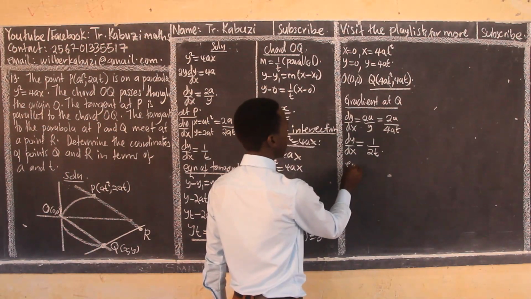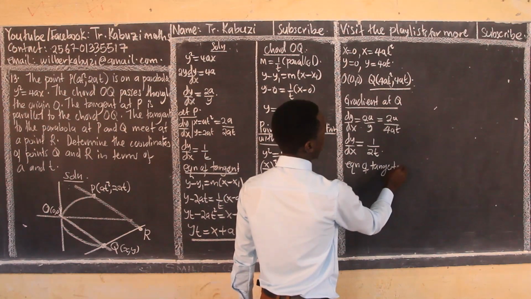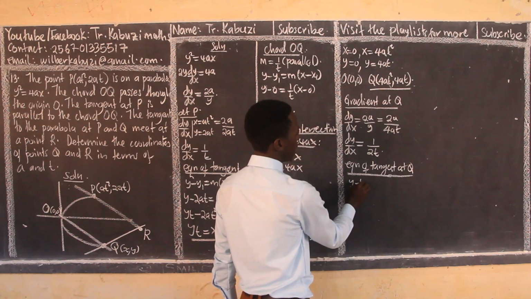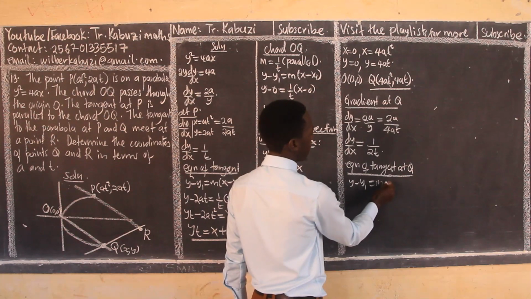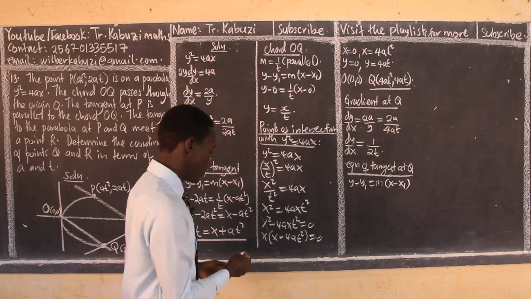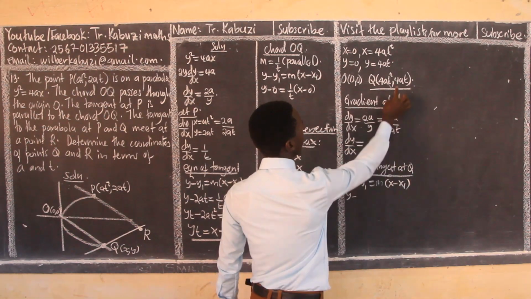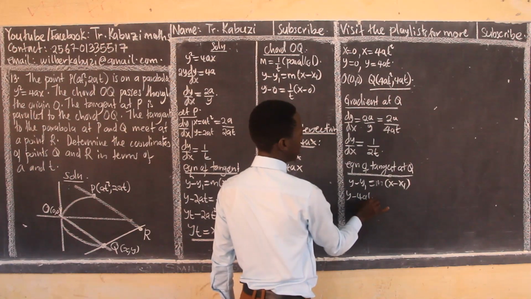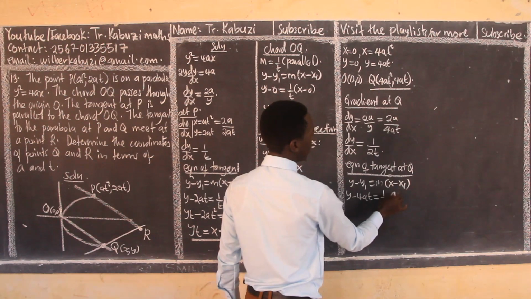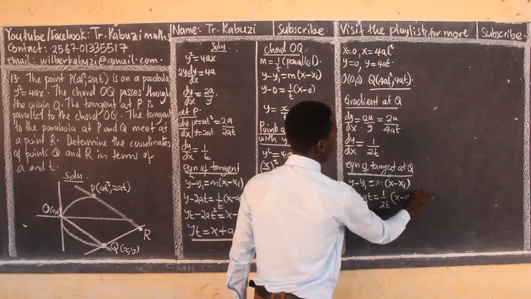So the equation of the tangent at Q is going to be y minus y1 equals m times (x minus x1). So at Q, I have y minus 4at equals my gradient 1 over 2t times (x minus 4a t squared).